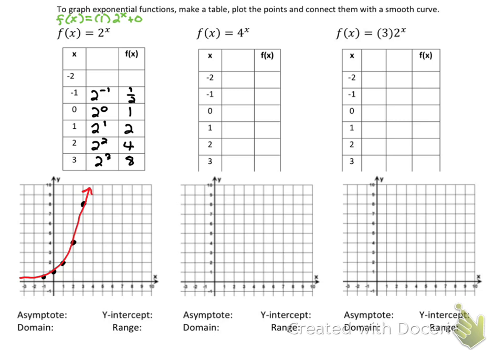I want you to see the table. I want you to see the add, multiply rule, okay? In our table, you notice the x values, as they increase by 1, what's happening to the y values?